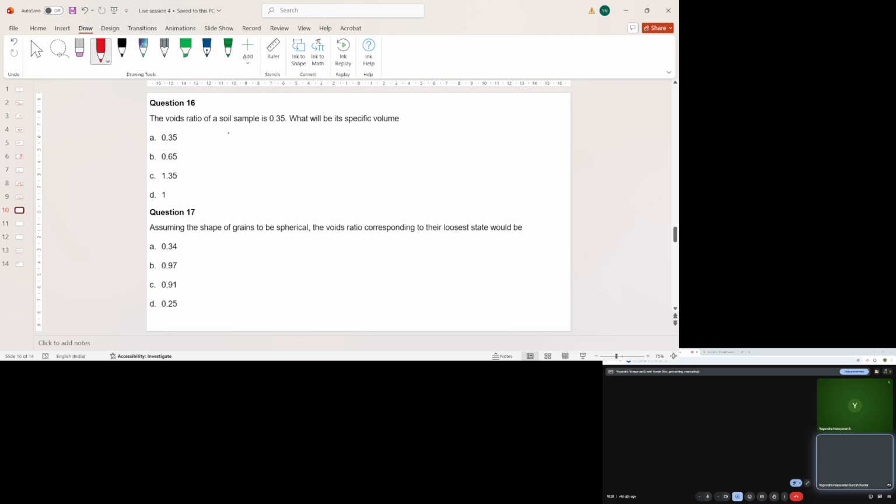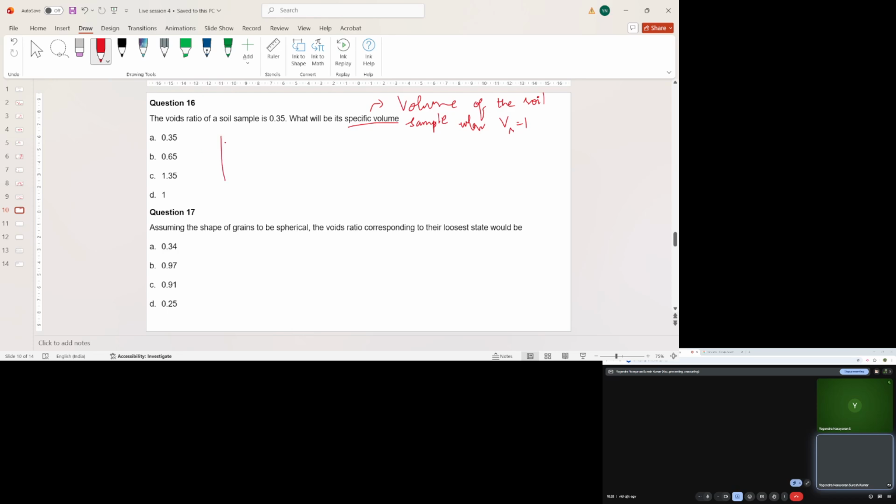Specific volume is nothing but the volume of the soil sample when Vs is equal to 1.